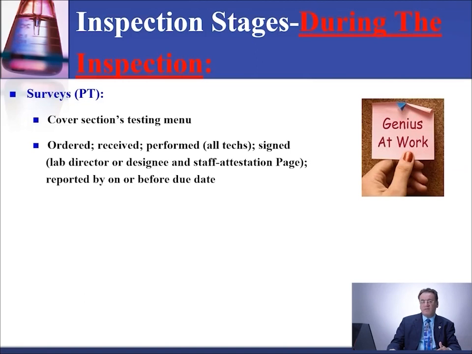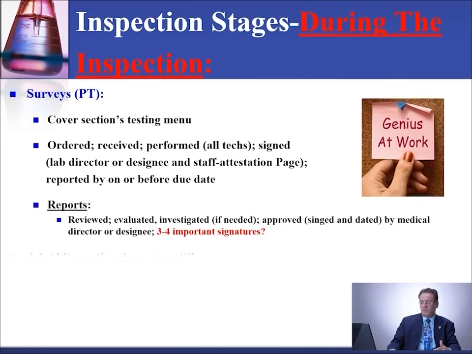They signed the attestation page by the lab director or designee and the technologist who performed the PT and reported by or on or before the due date of that particular survey.